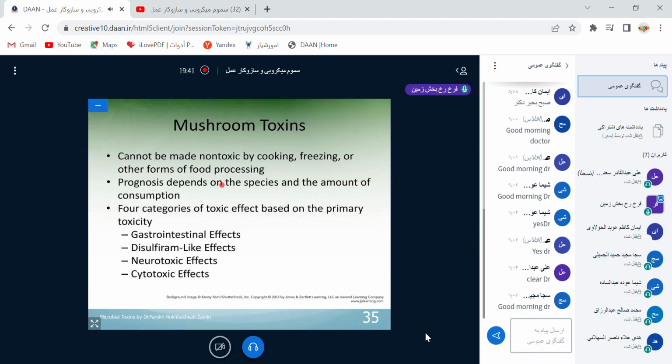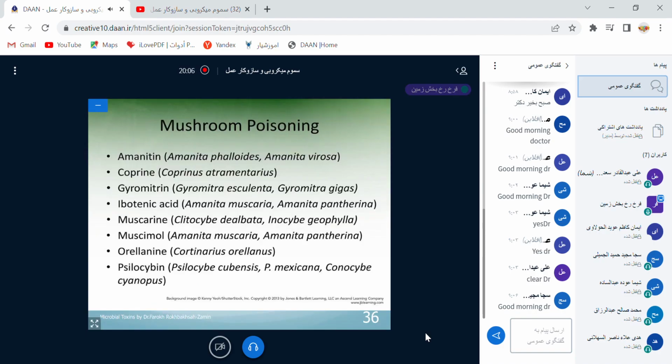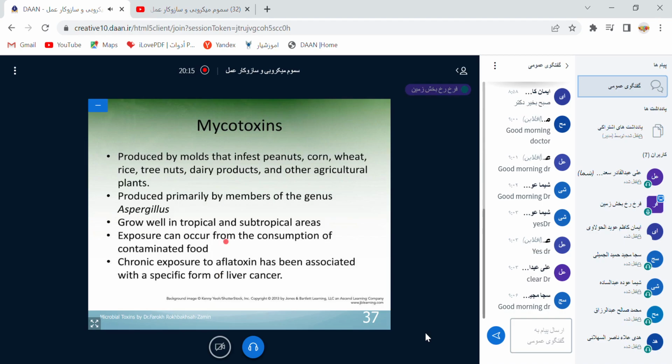Last time, we spent a few minutes talking about mushroom toxins, because some people use mushrooms in their foods, in pizza or other foods, and if they are contaminated by mycotoxins, it can be dangerous as food poisoning. And we introduced you to different types of mushroom poisoning. Now we want to follow the matter with mycotoxins.